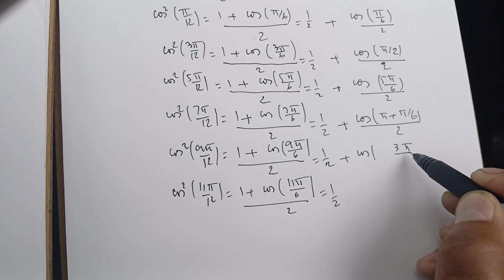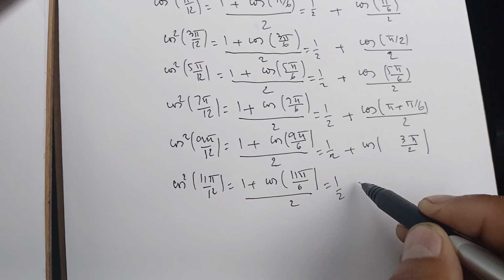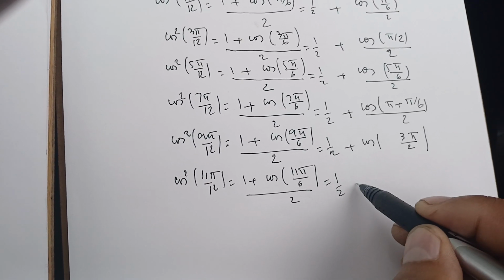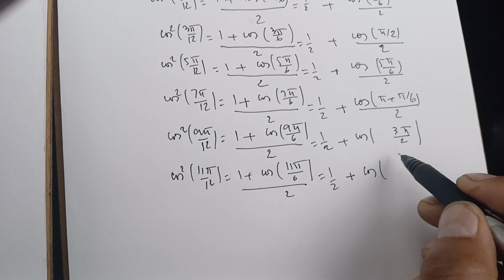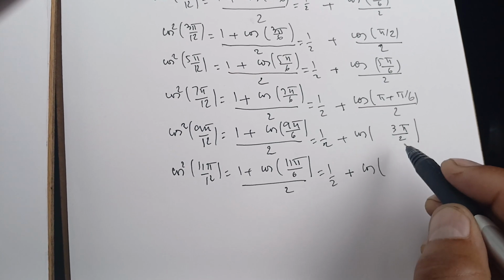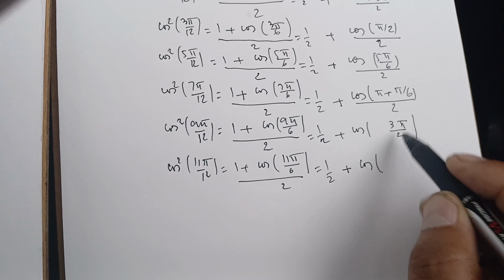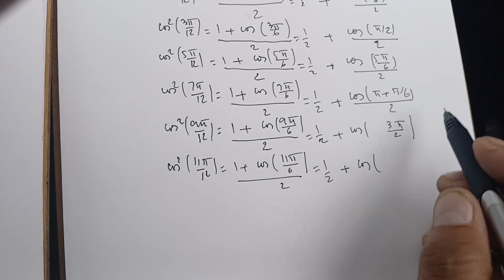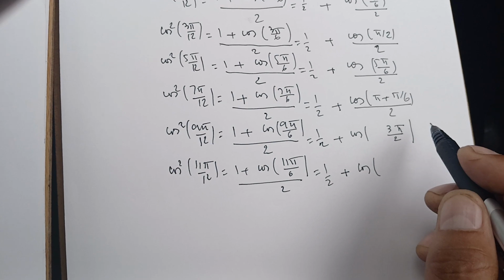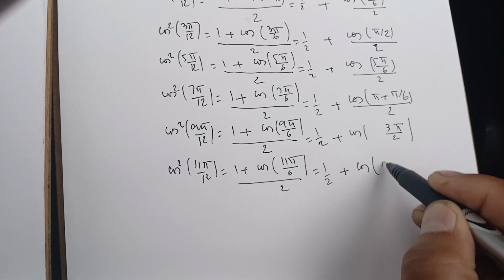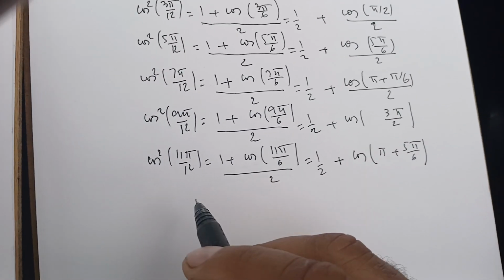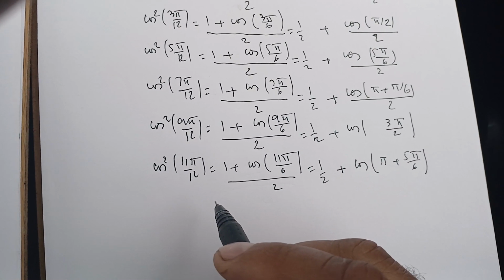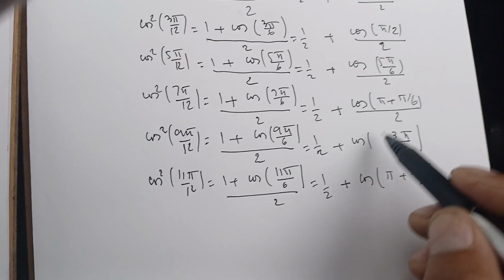Let me write it as 3 pi over 2. We can't simplify it anymore. And for this one, it's going to be pi plus 5 pi over 6. Yes, I think so. So this is what I need here.